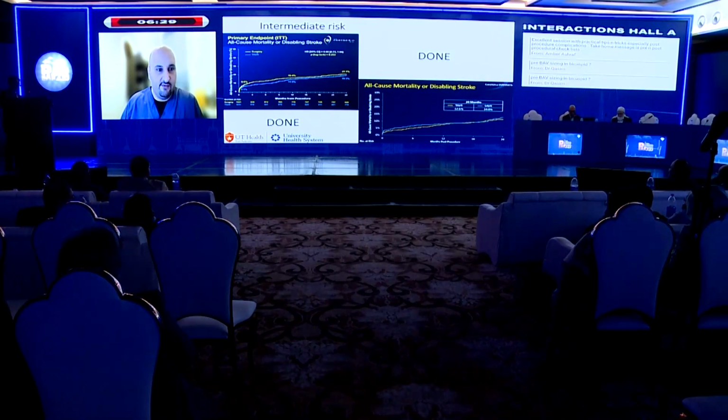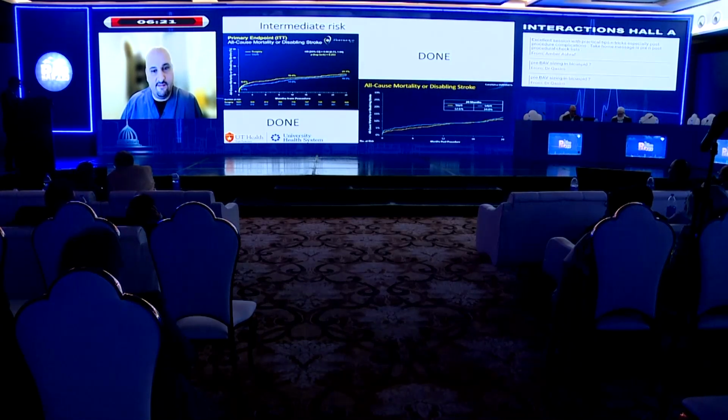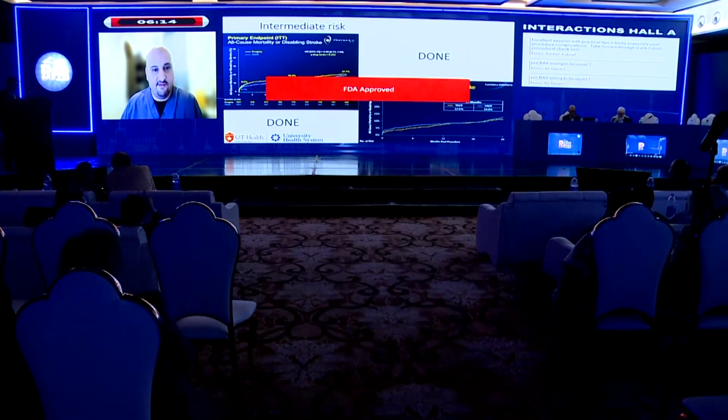And you see that they performed very similarly. Now, these are early trials using early generation valves, and we'll touch on this a little bit. But when these trials came out, the FDA here in the United States and regulatory bodies in other countries approved TAVR for the intermediate risk group.